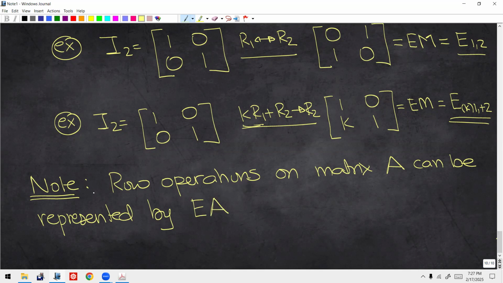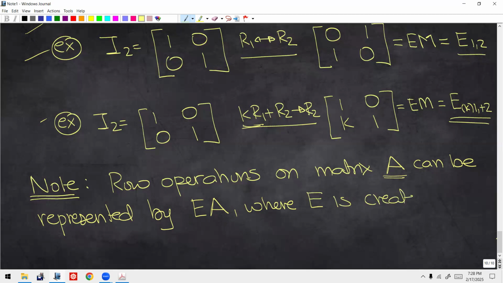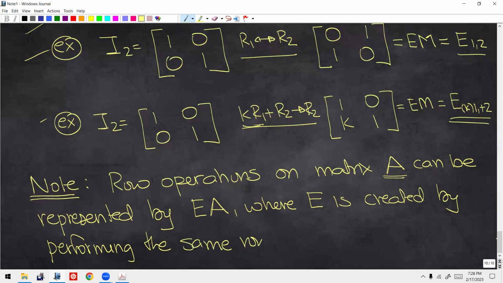So if you perform one of these row operations that I listed up here, it can be represented by EA, where E is created by performing the same row operation on I. So E is an elementary matrix, okay?